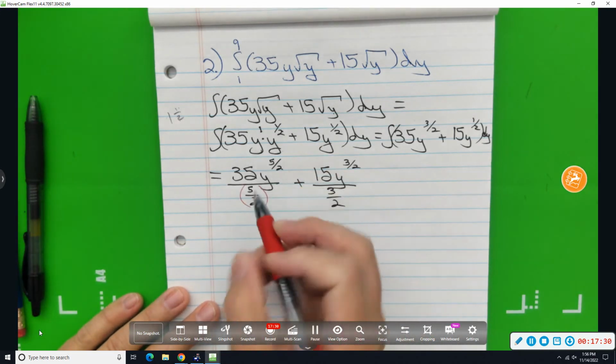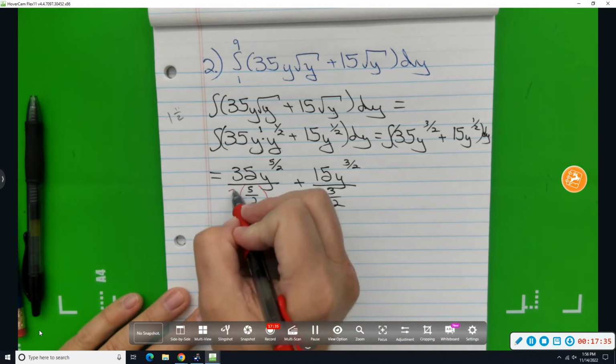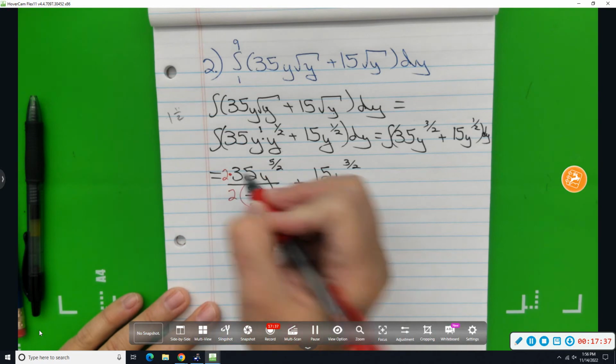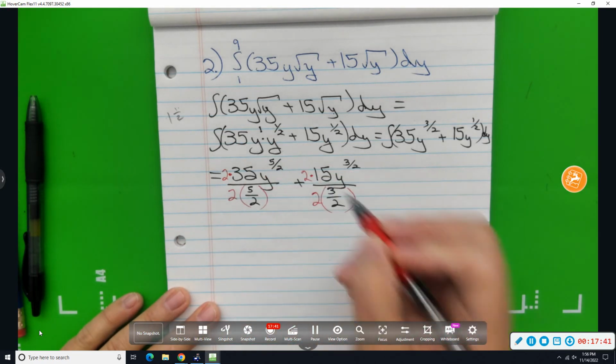In a compound fraction, I multiply above and below by the minor denominator 2. Here I multiply above and below by 2 again.